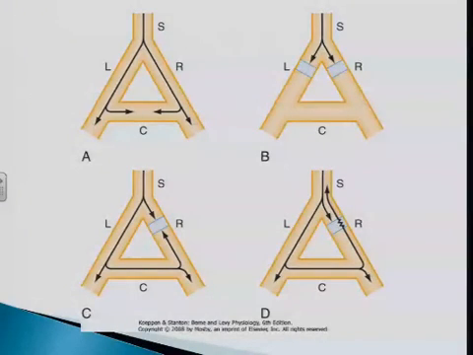Normally, everything has to go through the SA node or the AV node. In Wolff-Parkinson-White syndrome, you can have some tissue that's developed and goes from an abnormal spot in the atrium to another point in one of the ventricles. And what that does is it causes non-uniform excitation of the heart. And so we have this region of block here.